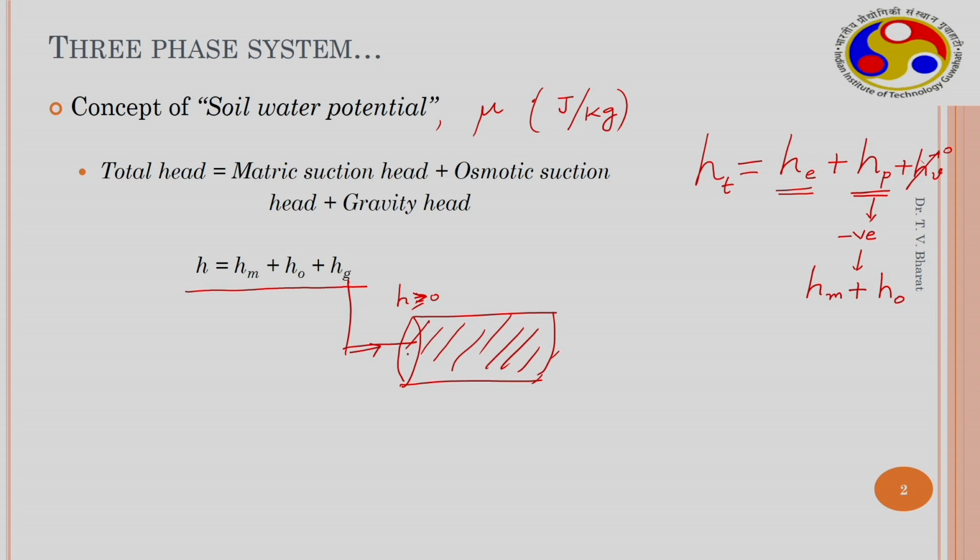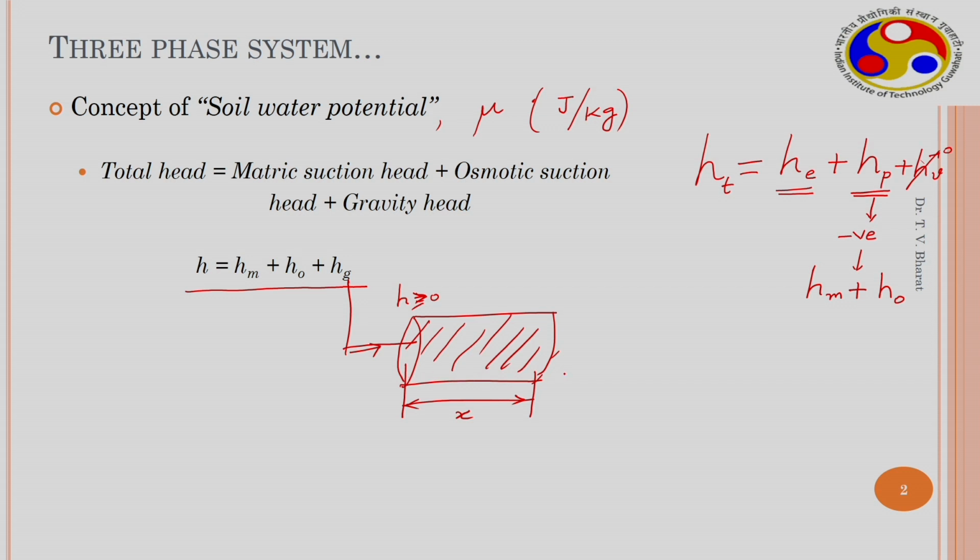So because there is a total head difference along this length x, the flow takes place.